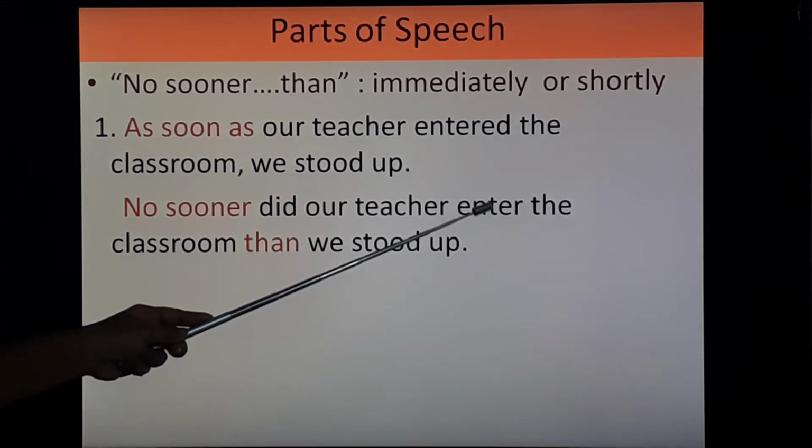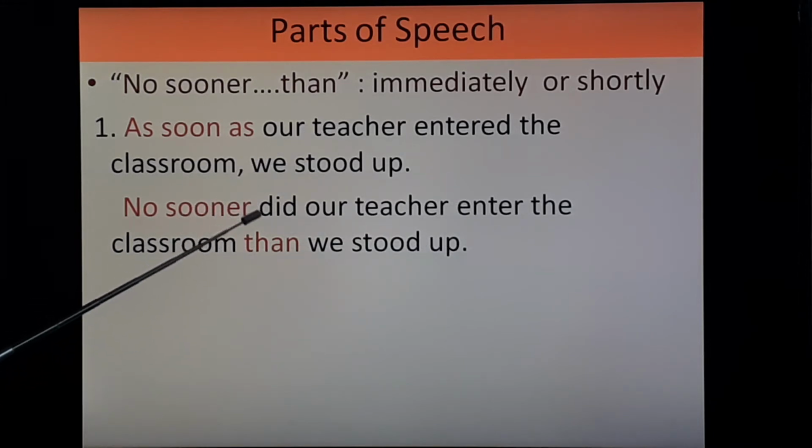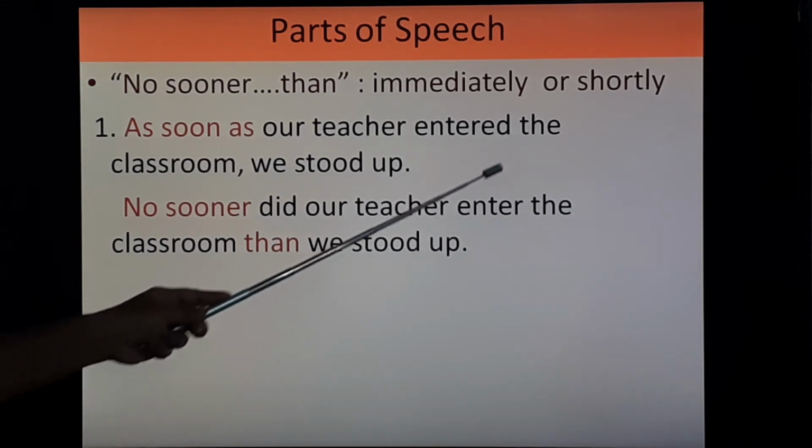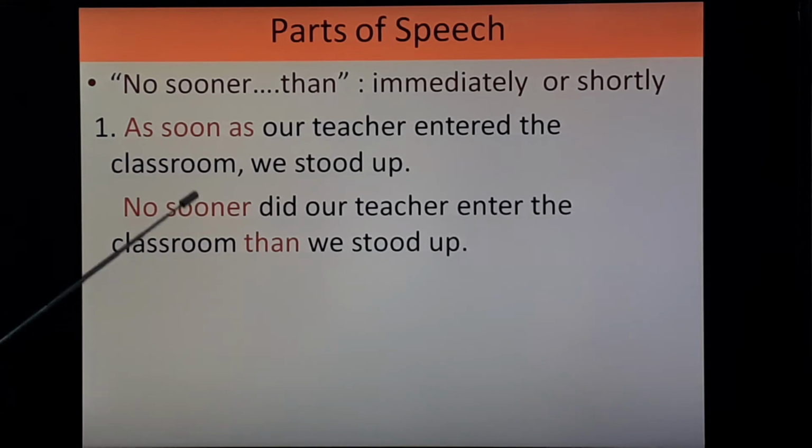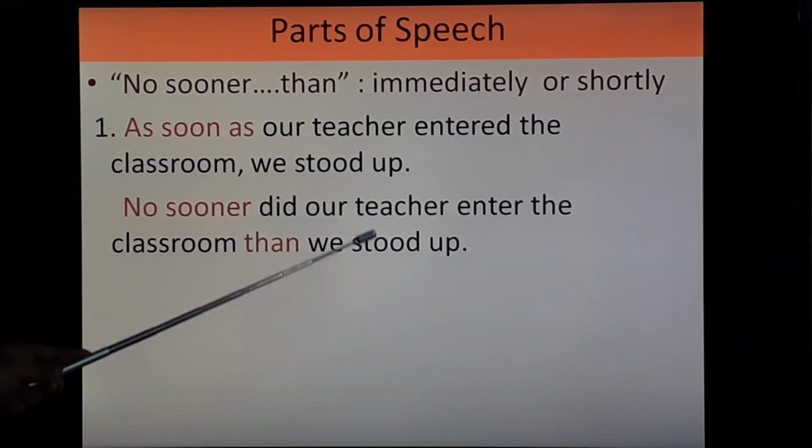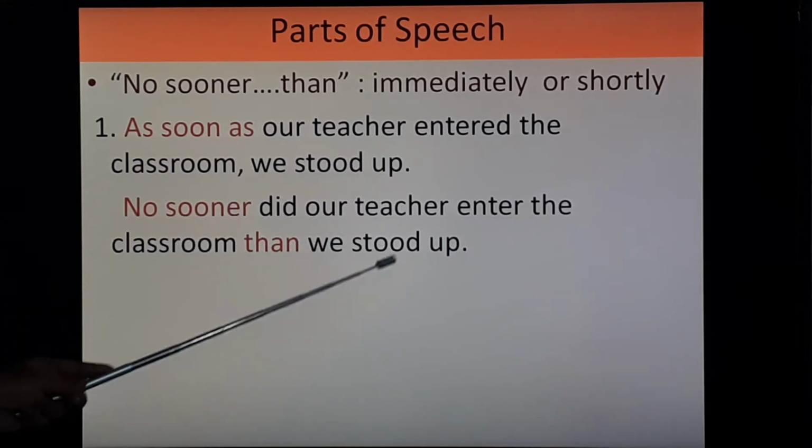Don't put ed or the V2 form because we have already added did in the beginning. Then the classroom, and then instead of putting a comma, you have to use than, not then, but than, and then the rest of the sentence will come. We stood up.